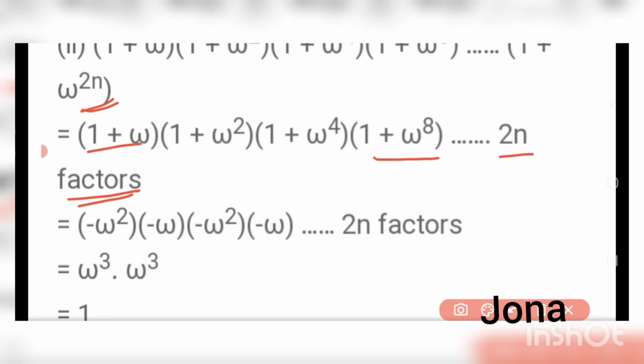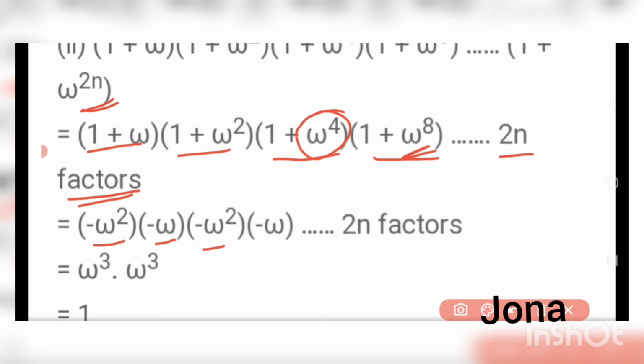1 plus omega is minus omega square, 1 plus omega square is minus omega, and here 1 plus omega power 4 is nothing but omega cube into omega, isn't it? So 1 plus omega will be there, it's nothing but minus omega square. And even here we can take this as omega cube into omega square.